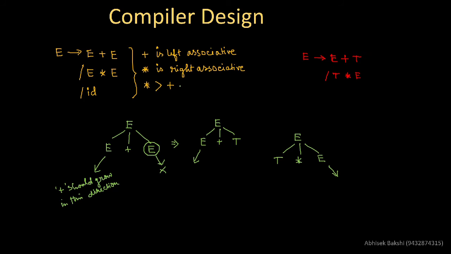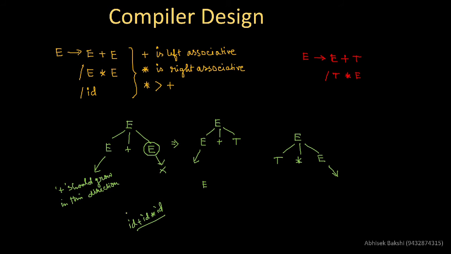The reason is that since E to E plus T and E to T star E both have the same LHS, that is E, both can be rewritten from the same non-terminal E. That means if we have a plus and star combination, I can have a situation like this. Just take it that ID plus ID star ID.